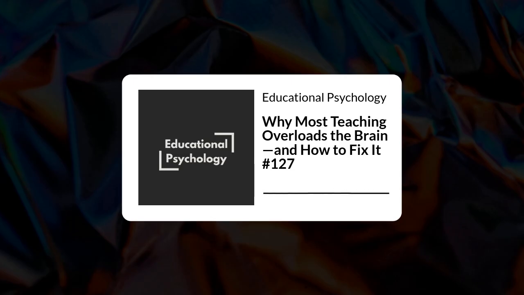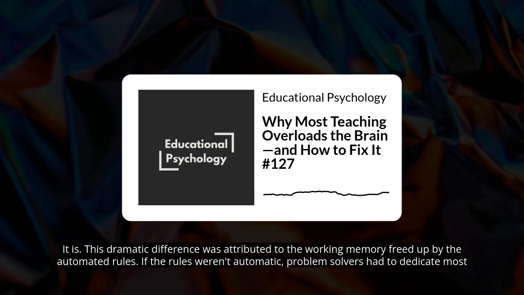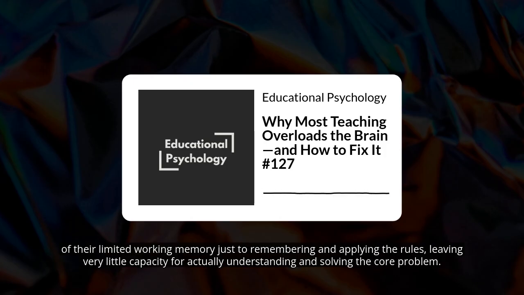Wow, that's huge. It is. This dramatic difference was attributed to the working memory freed up by the automated rules. If the rules weren't automatic, problem solvers had to dedicate most of their limited working memory just to remembering and applying the rules, leaving very little capacity for actually understanding and solving the core problem.